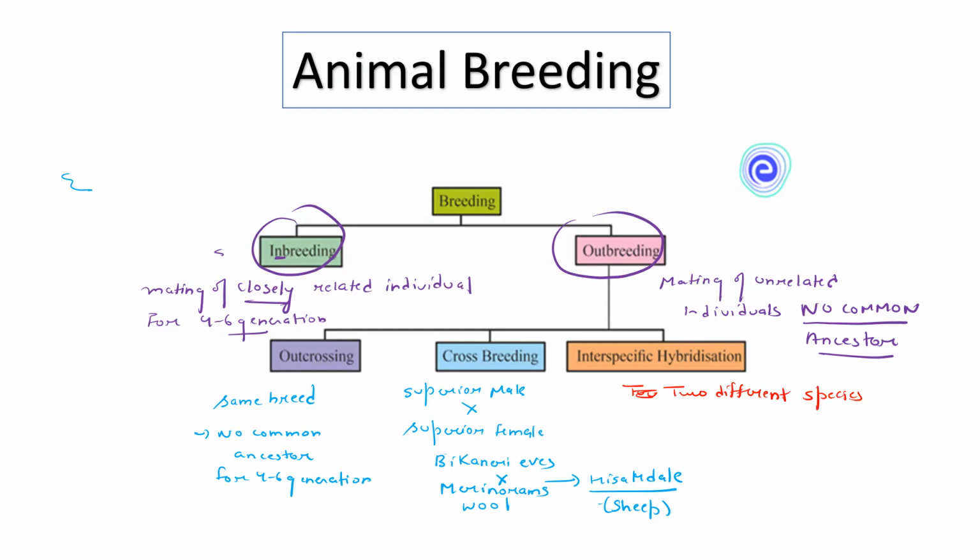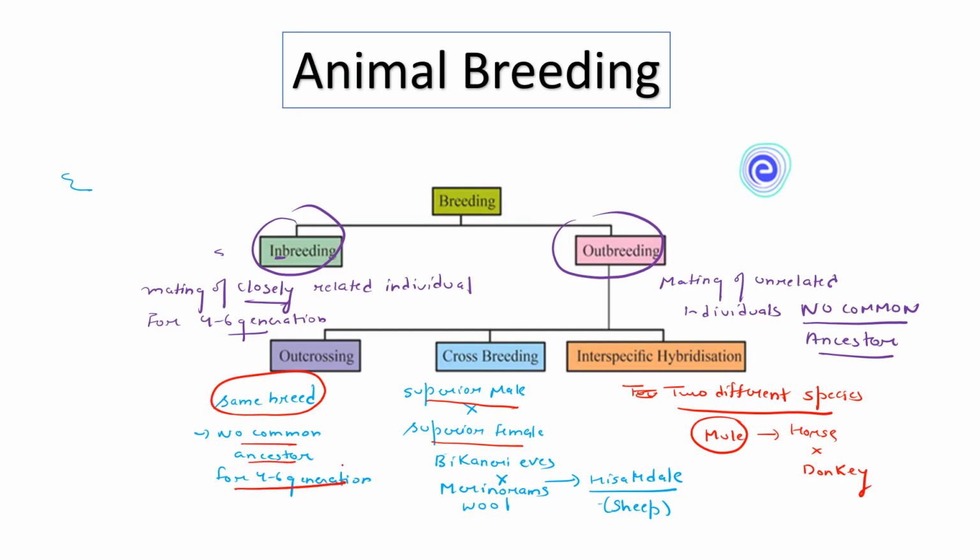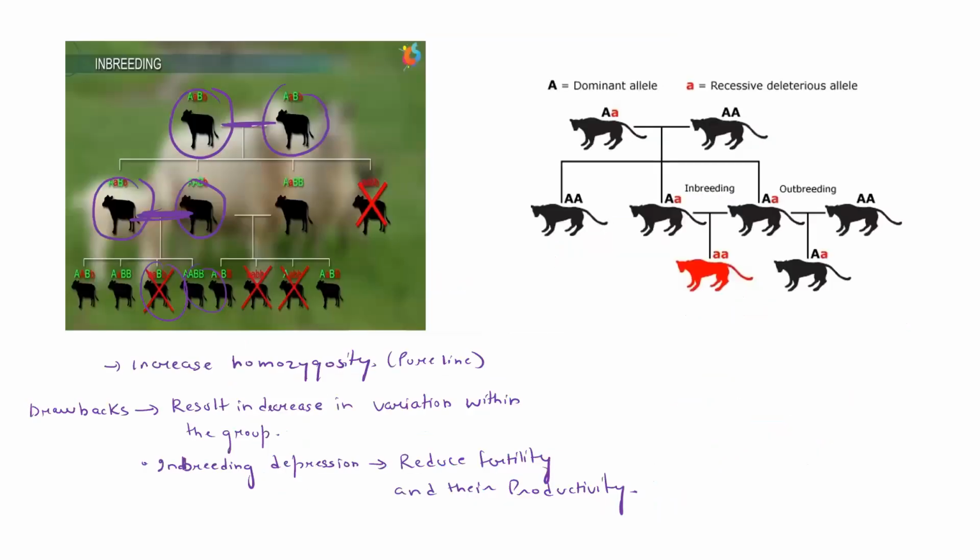For example, a mule is the result of mating between a horse and a donkey, and a mule is not fertile, it can't reproduce. Crossbreeding is between a superior male and superior female of different breeds. Outcrossing is mating within the same breed but with no common ancestor for 4 to 6 generations. So outbreeding means breeds are different or having no common ancestor.